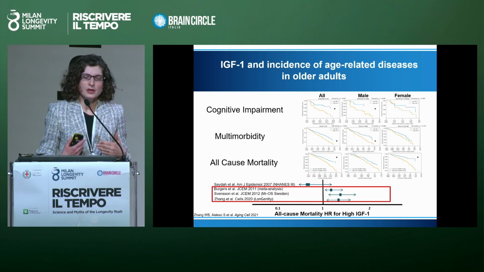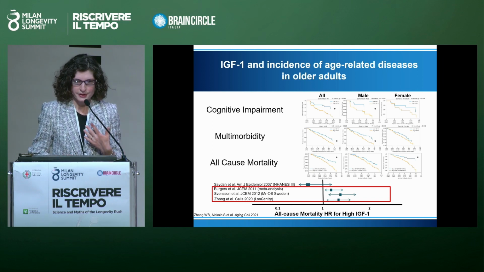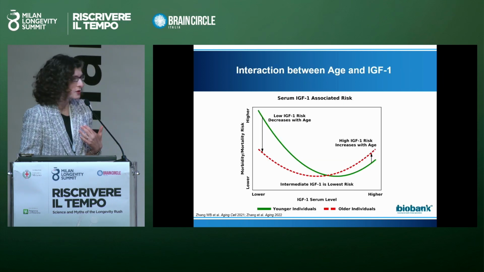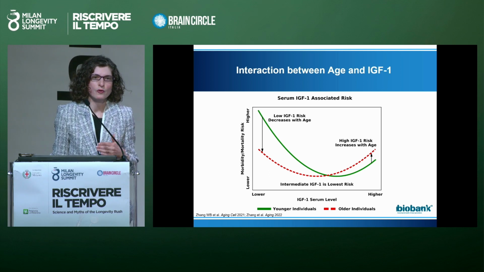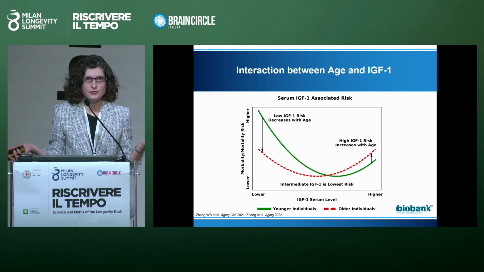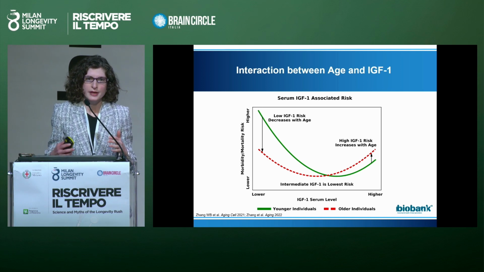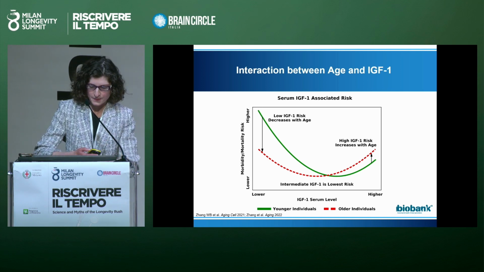So we're a little bit puzzled, right? Why are we seeing it in old and not young? What's going on here? So we did a very large study in over 400,000 people that ranged in age from their 30s to their 70s to try and figure out this puzzle.